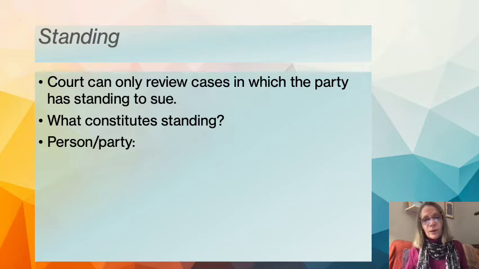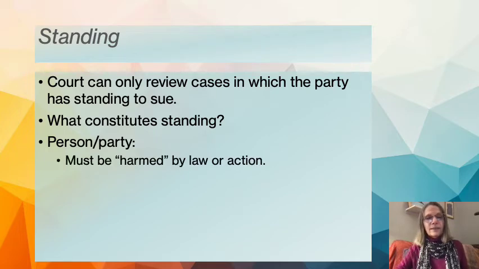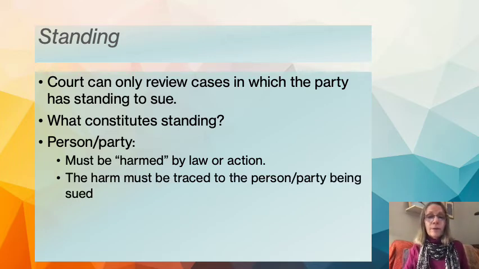Well, when a person brings an issue to the Supreme Court, they must demonstrate that they have been actually harmed by the law or by an action taken by, like, the executive branch. So if the president engages in an action, or the secretary of the Department of Defense engages in an action, and you feel like you've been harmed by it, then you must demonstrate that you've been harmed by the law or the action in order to have standing.